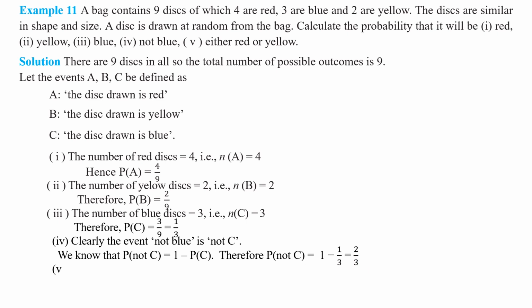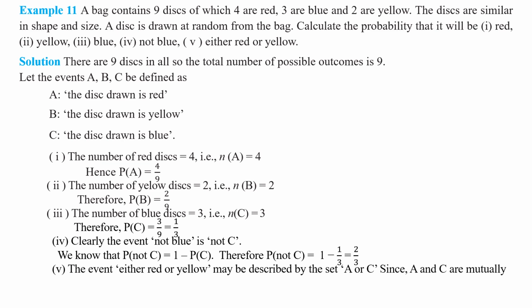Now come to the fifth event. The event either red or yellow may be described by the set A or C. Yes or no, my children? Since A and C are mutually exclusive events, as I mentioned, because event A is a red disc and event C is a blue disc, there is nothing common, so they are exclusive events.